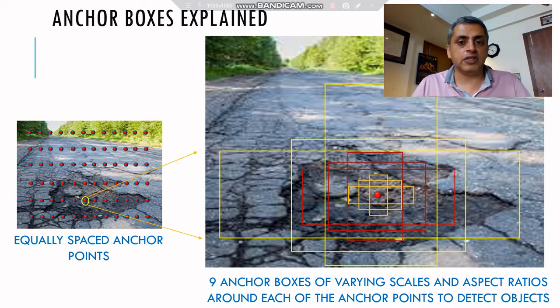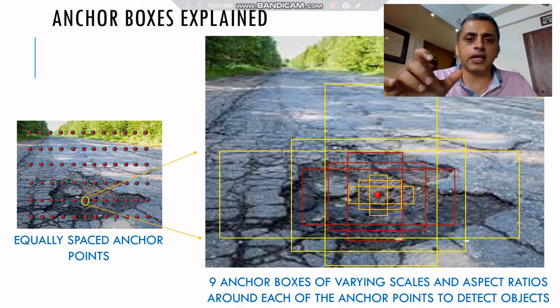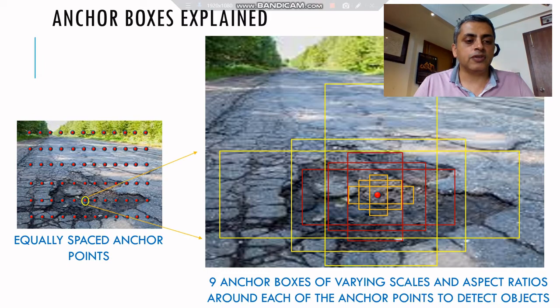What was done was to divide these feature maps into regions of equal pixels. For example, you create a point at a fixed interval, say every 16 pixels we mark a point. As a result, the whole feature map was divided into multiple points called anchor points.